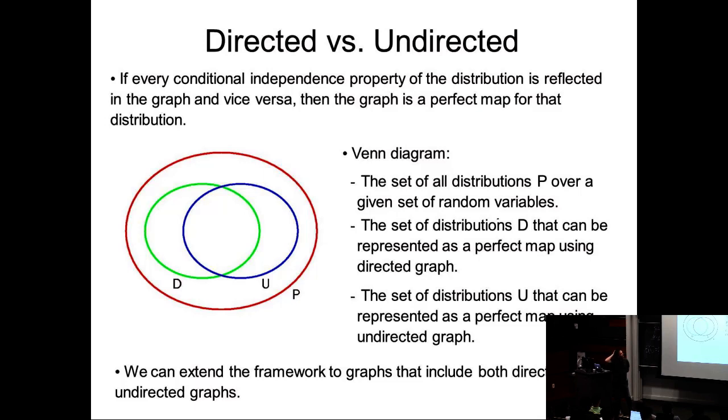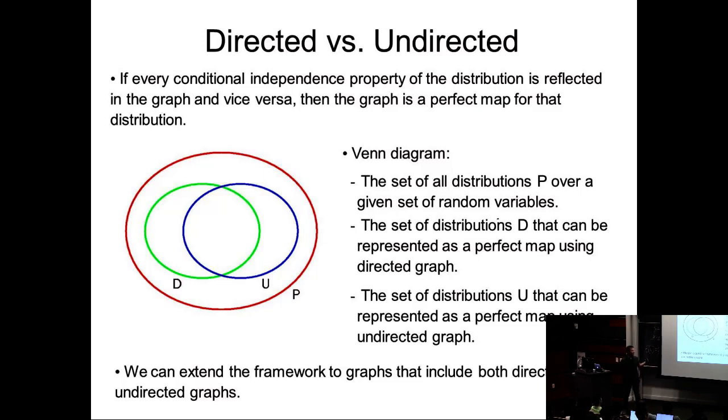You have a set of distributions D that can be represented as a perfect map using a directed graph, the perfect map that satisfies all the conditional dependence properties. And a set of distributions U that can be represented as a perfect map using undirected graphs, right? So the graph is a perfect map, the relationship between conditional dependence properties and what kind of graph we're specifying it with.